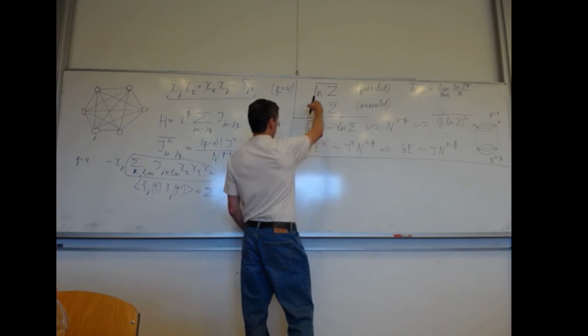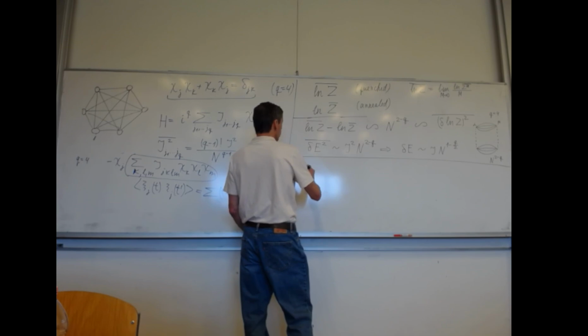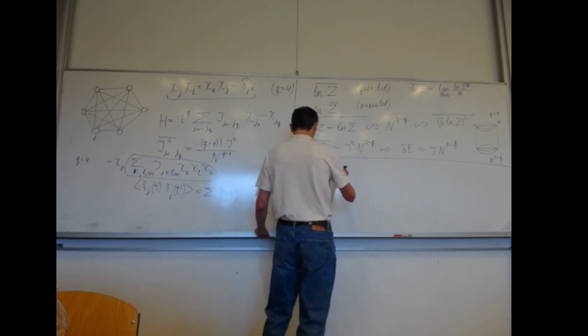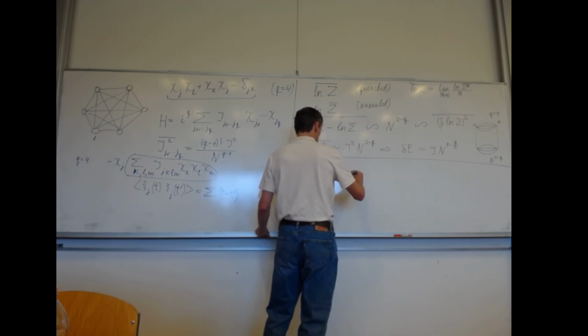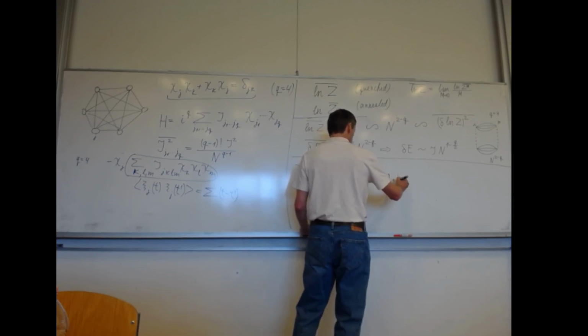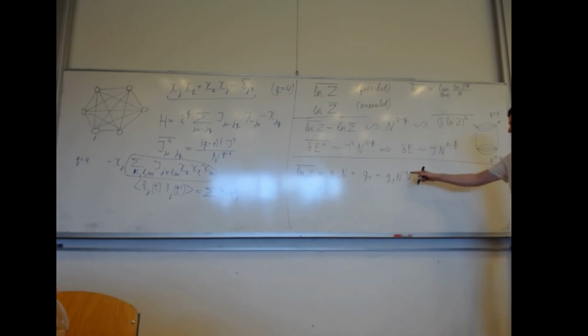Now let's consider an expansion of this quantity in 1/N. We can write the disorder average of log Z in the form g minus 1 times J N, plus g0 times N to the 0, plus g1 times N to the minus 1, and so on. This is an asymptotic expansion in 1/N.